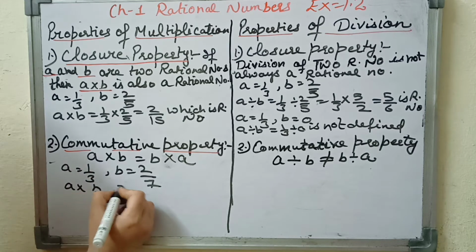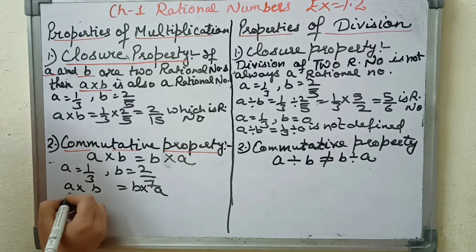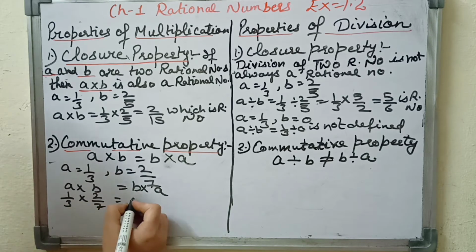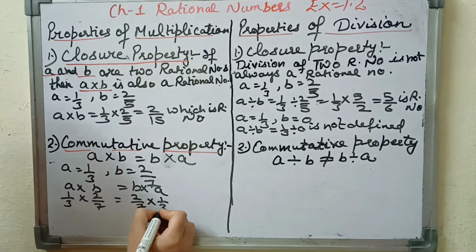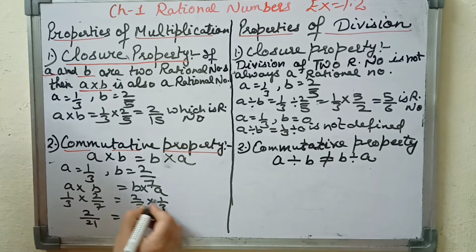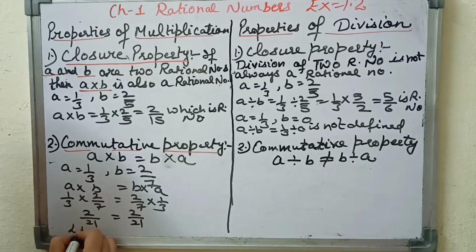A into B is equal to B into A. Here I put A as 1 by 3 and B as 2 over 7. On the other side, when I put B, 2 over 7, into A, 1 over 3, what we will get is 2 over 3 sevens are 21. Here again we get the same number, 2 over 21. Left hand side is equal to right hand side. So the commutative property holds under multiplication.